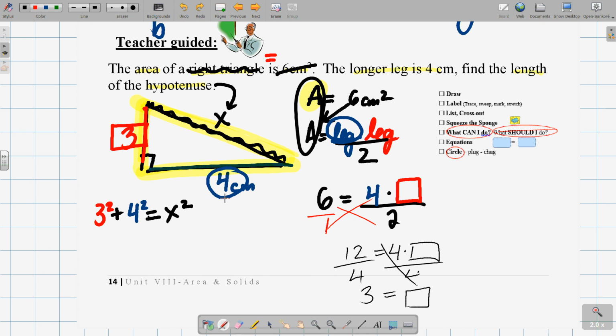Finish this problem on your own. Give you about a 10-second lead here. See if you can beat me.